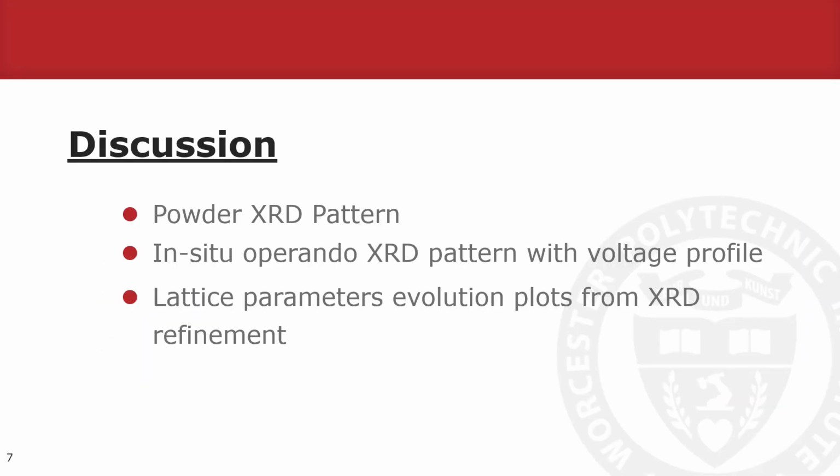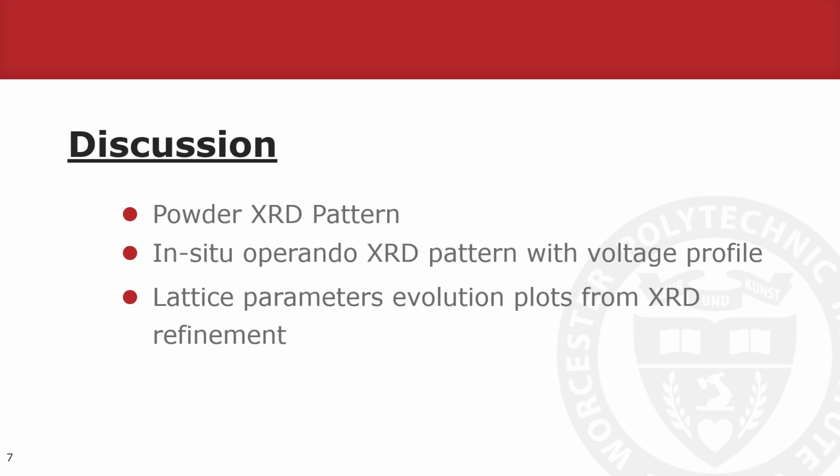Next, in the discussion part, we'll take NMC811 as an example to illustrate how we can use in-situ XRD to probe the detailed information of cathode materials during cycling.